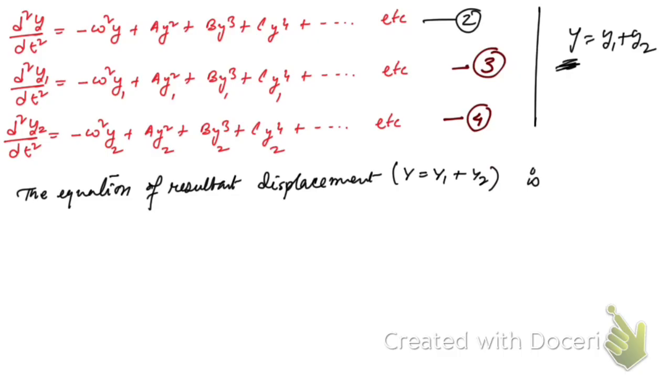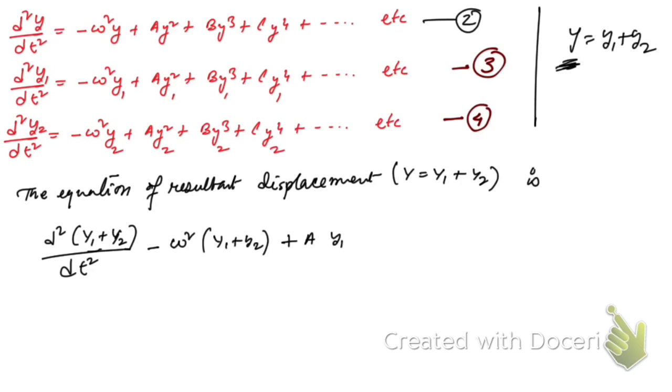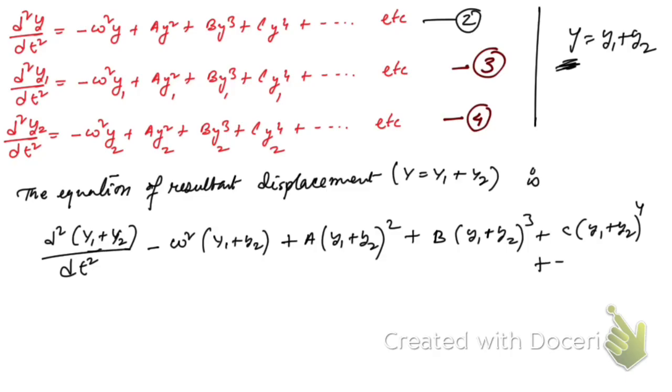From equation number 2, we are going to have d square of y1 plus y2 by dt square minus omega square into y1 plus y2, then plus a, instead of y we are going to put y1 plus y2 whole square, and instead of y cube we are going to put y1 plus y2 whole cube, plus c into y1 plus y2 to the power 4 plus dot dot dot and so on.